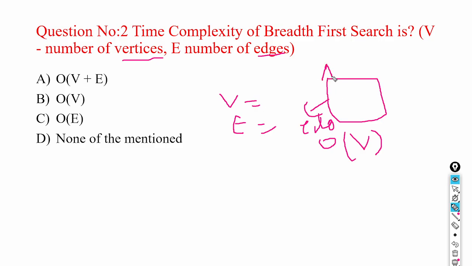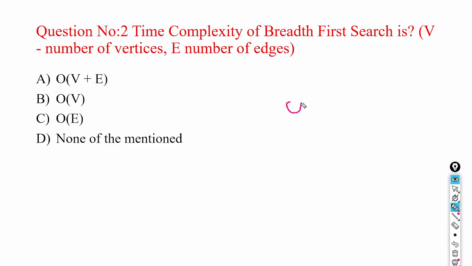For example, A, B: these we call vertices, and these we call edges. Each vertex visited once is order of V, and every edge explored once is order of E.